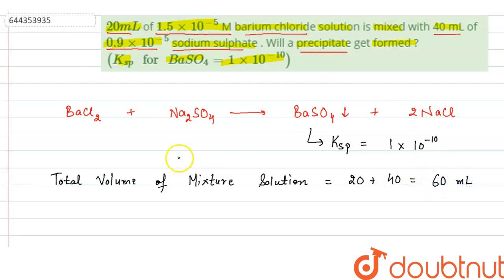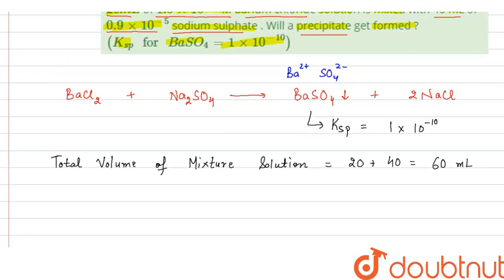So the total volume of the mixture will be 60 ml. Now in barium sulfate, we have barium 2 positive ion and sulfate 2 negative ion. So for ionic product, we need the concentration of barium and sulfate ion. Barium ions will be obtained from barium chloride solution and sulfate ions will be obtained from sodium sulfate. So let us calculate now.